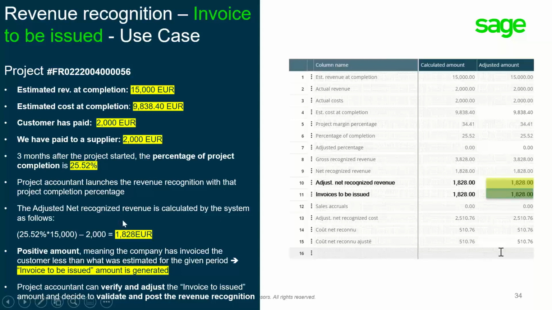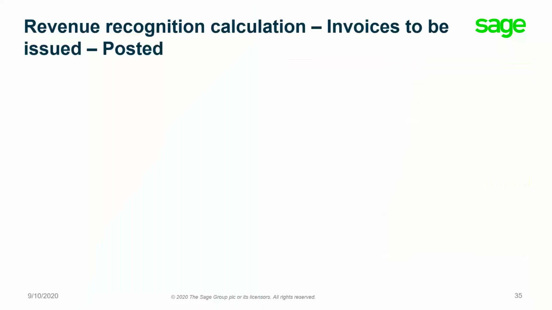So what does it mean? It means that my company has invoiced the customer less than what was estimated for the given period. So I have to recognize this in my accounting, but it doesn't mean that I'm now going to invoice my customer what he owes me. It's just to track my revenue more accurately.